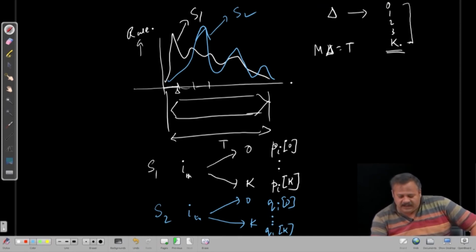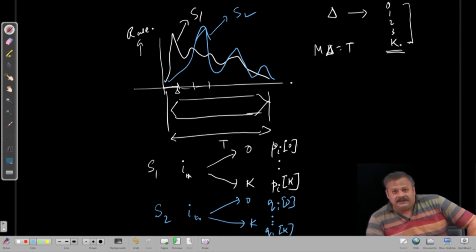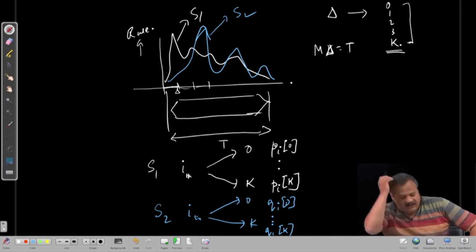So, again we can now consider first, let us say that the bins are independent. Then again we will simply get the sum of the KL distances in each bin.